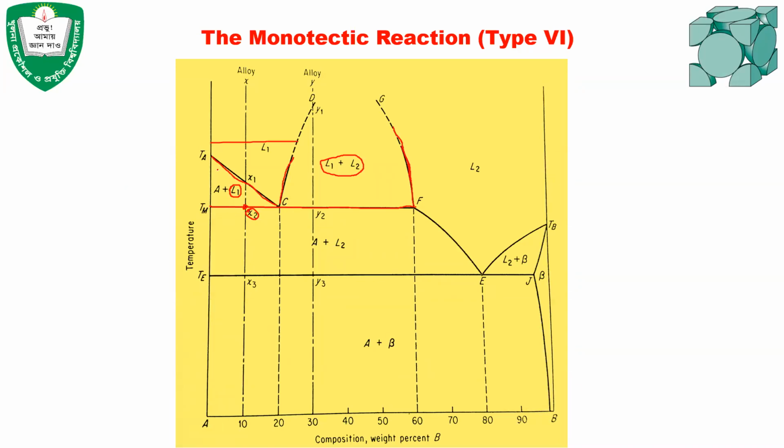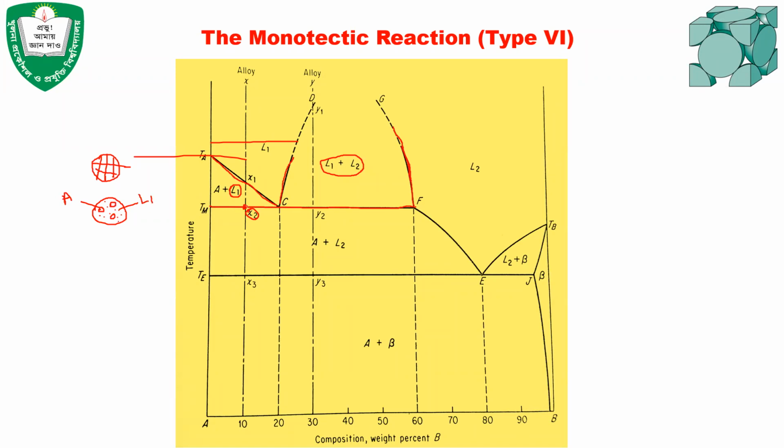That means if we look at the microstructure at this point, it will be a uniform microstructure of liquid 1. And just before the monotectic reaction, if we look at the microstructure, there will be some grains of solid A, and the rest of them will be liquid, and that is liquid 1.